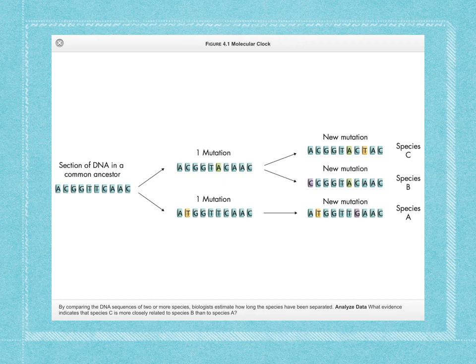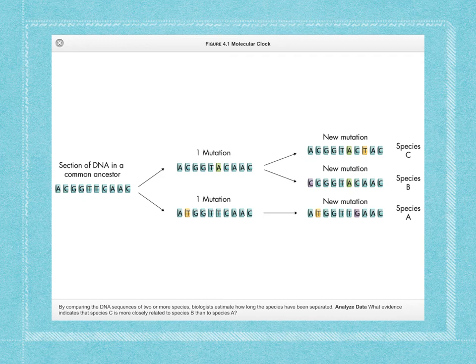So this is an example of how the molecular clock works. You see there we have a section of the DNA from a common ancestor at the far left, and then a mutation occurs at random. And you can see in this strand that it causes two, we'll call them different species, okay?